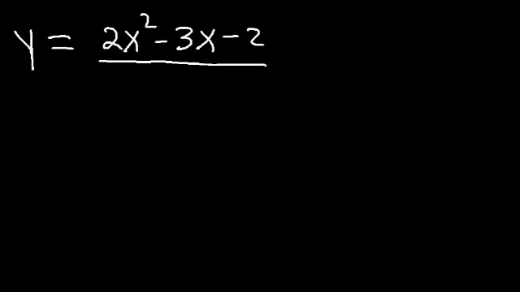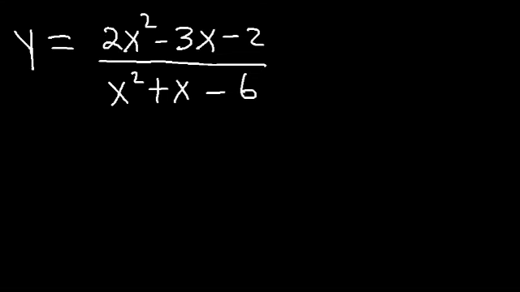Let's try this example. y is equal to (2x squared minus 3x minus 2) divided by (x squared plus x minus 6). So what do you think the horizontal and the vertical asymptote for this function is going to be?